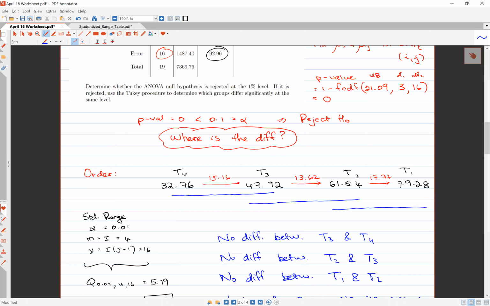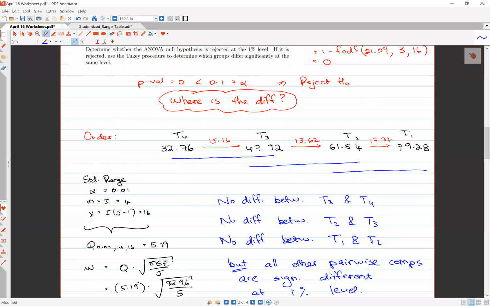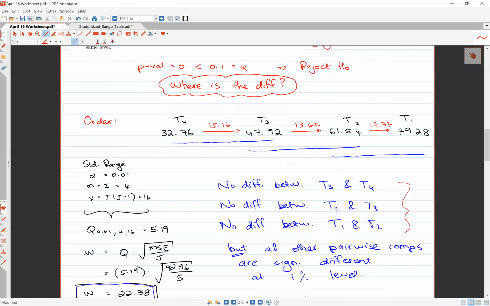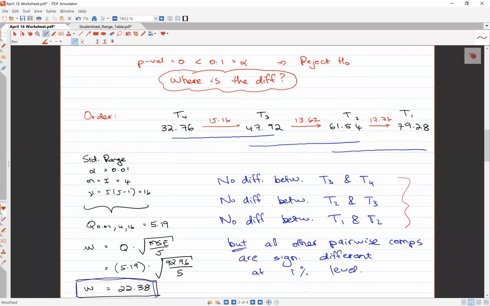It's kind of messy to interpret. So we can highlight where we find no differences, and then we can say all other pairwise comparisons appear to be different. So here you just have to carefully articulate what you're seeing, especially if you're getting an inconsistency. There's no perfect recipe for what a solution should look like.